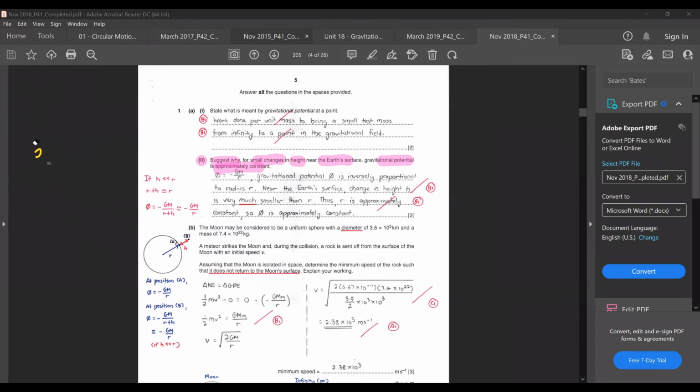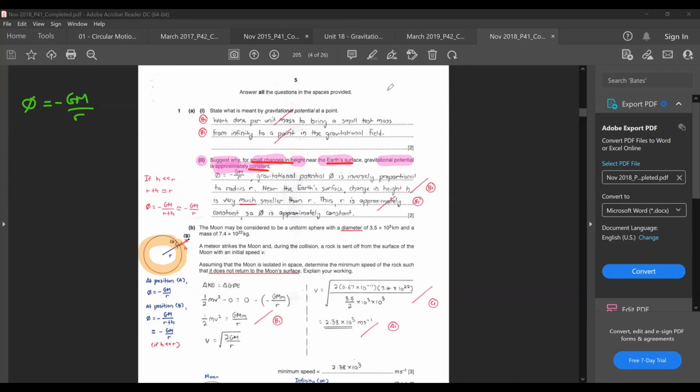Now, why can we say that potential is going to be constant for small changes in height near the Earth's surface? This one is more related to the equation itself. We know that gravitational potential is negative GM over R. So let's consider a planet like what we have drawn here.